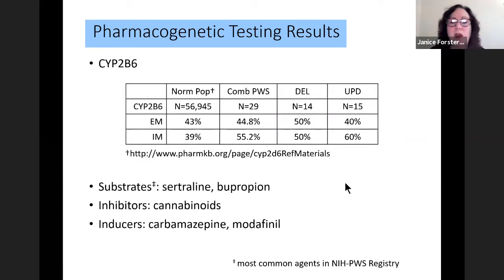2B6 is the next one. We found that 2B6 was probably the most normal functional with frequencies that were very similar to the normal population, except there was a tendency toward decreased function in UPD, but it didn't reach the level of statistical significance.